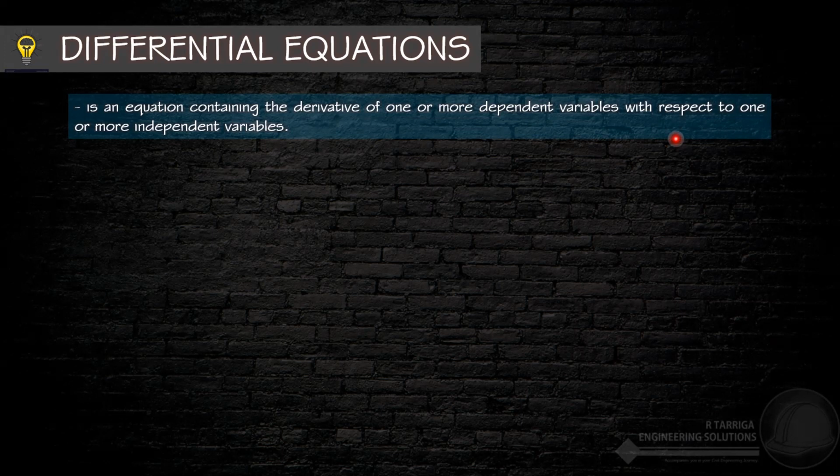Let's go back to differential calculus. Suppose y is a function of x, so we get the derivative of y with respect to x. That is a differential equation itself.